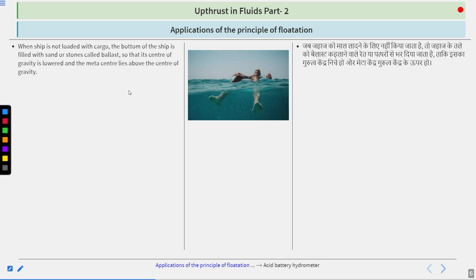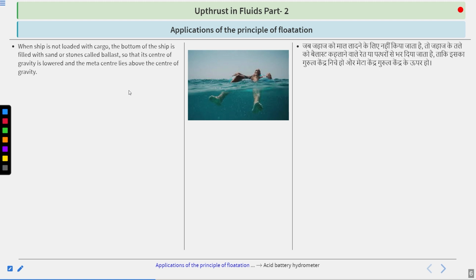When a ship is not loaded with cargo, the bottom of the ship is filled with sand or stones called ballast, so that its center of gravity is lowered and the metacenter lies above the center of gravity. When the ship is sailing empty, not loaded with cargo, the weight of the ship will be lower.